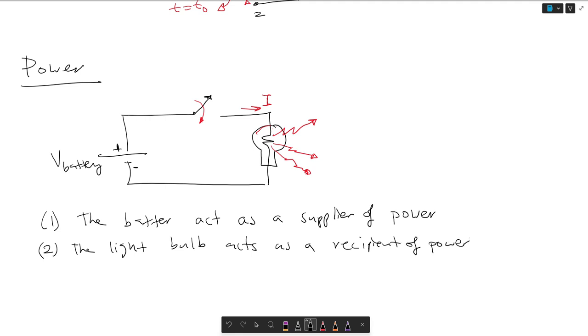And you will see that similar to current and voltages, in terms of power, the amount of power delivered is always equal to the amount of power consumed in a closed circuit.